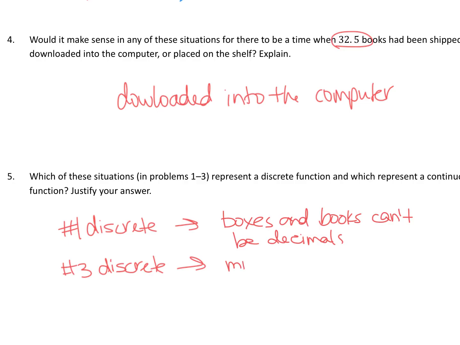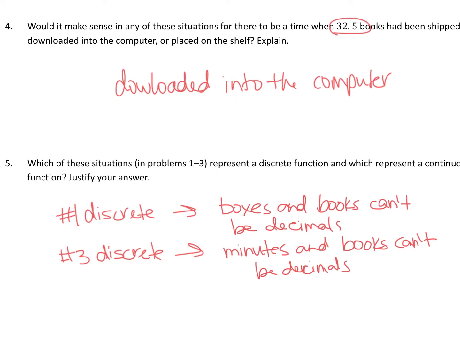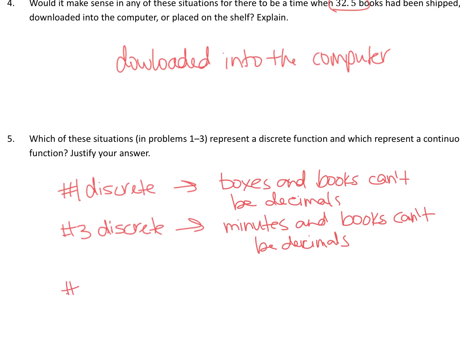So I'm going to say minutes, and books can't be decimals. Which means the only one that can be decimals is number 2, that was continuous. And for that, it was hours and ebooks, which could be decimals.